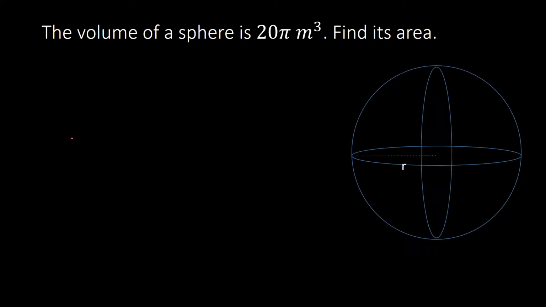Here's one other example where the volume is given to you, and in this case you're trying to find the total area. But to do that we need to know the radius. To find the radius, I can use the volume that's given to me and plug that into the volume formula. In place of V for volume, I'm going to put in 20 times pi.